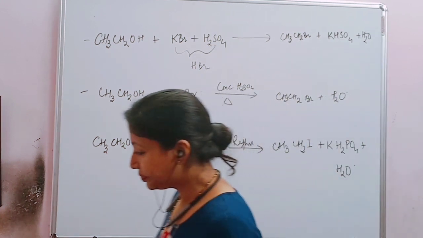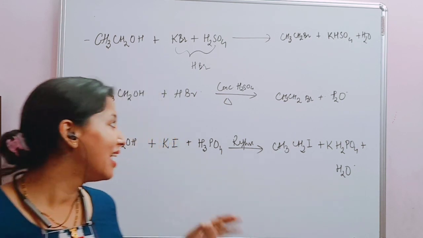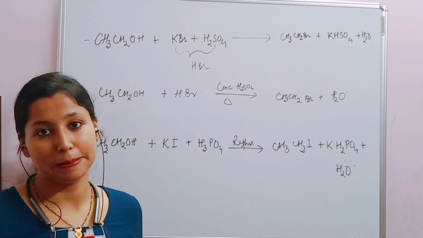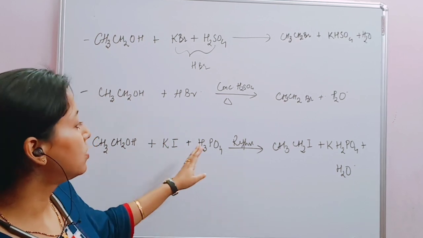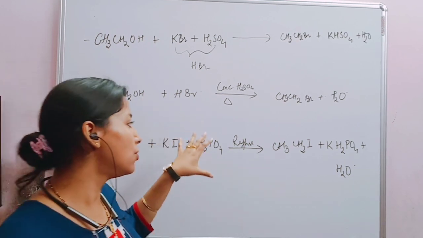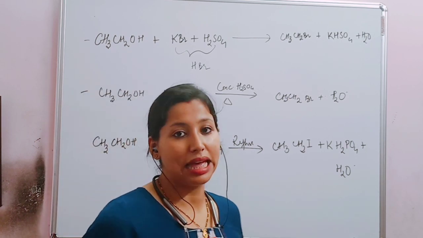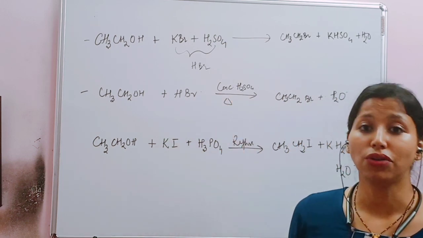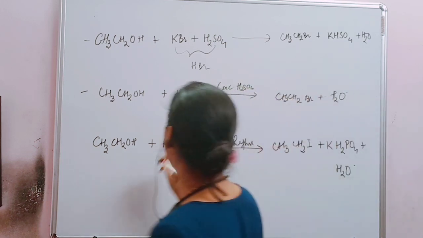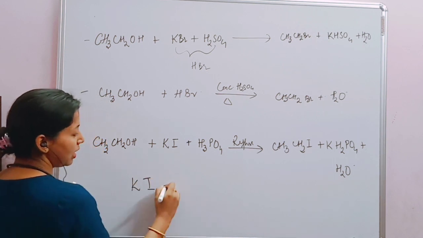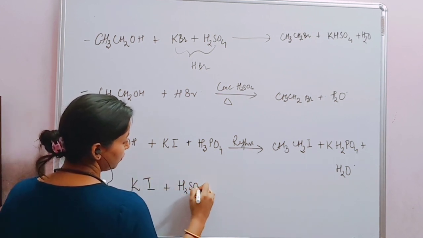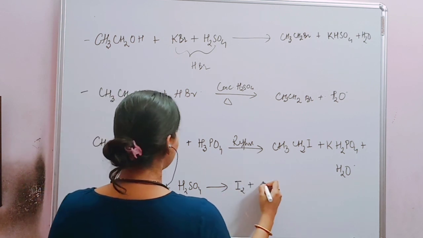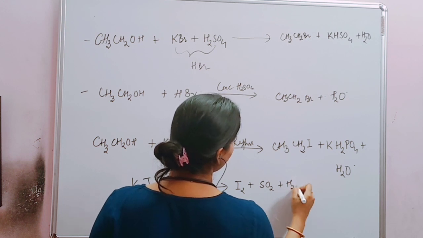Now, why have we chosen phosphoric acid for this reaction? In some books it is also written that for HBr also they use phosphoric acid. What is the reason behind this? We have to understand that concentrated sulfuric acid is a strong oxidizing agent. So if you have KI plus H2SO4, you are supposed to get I2 plus SO2 plus H2O.